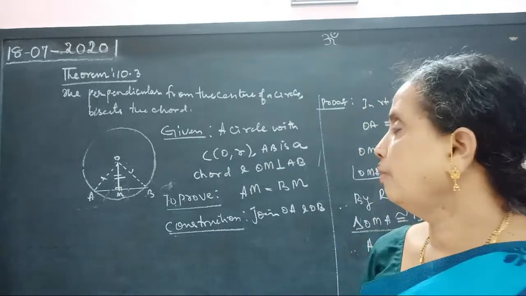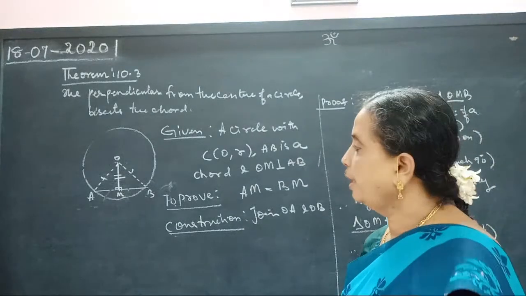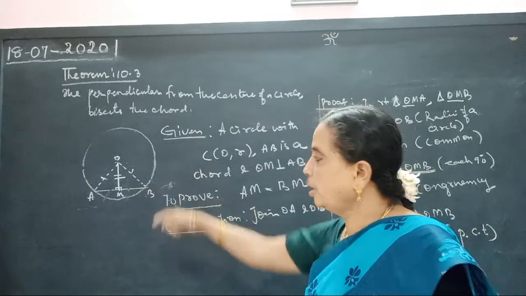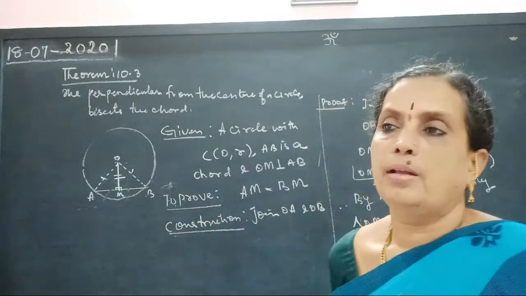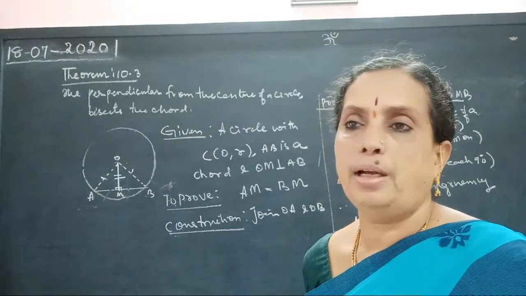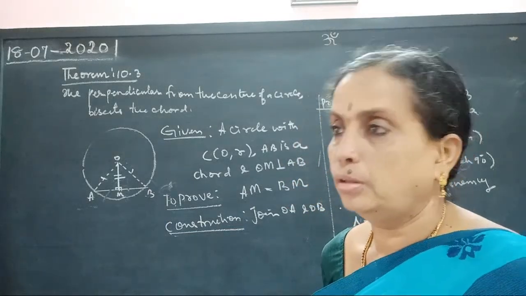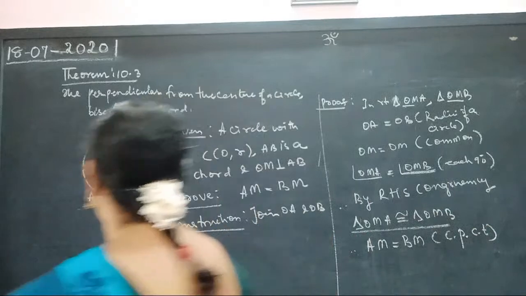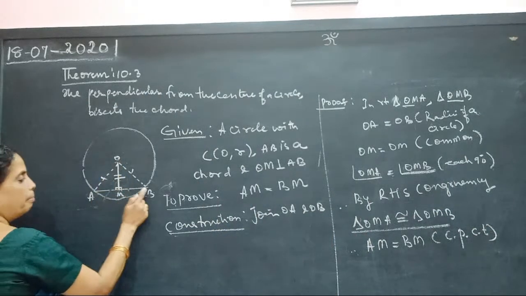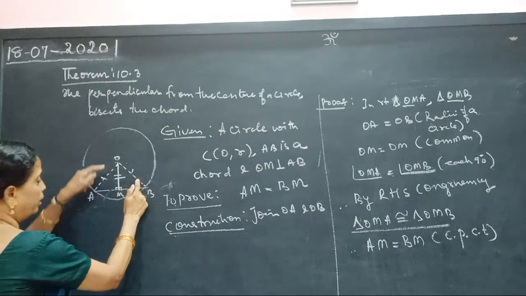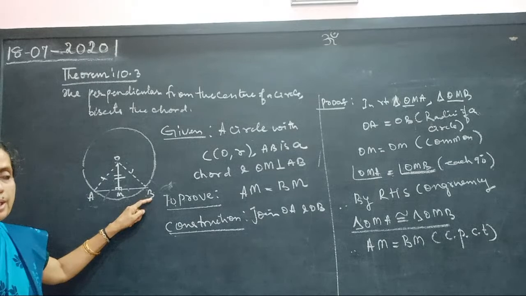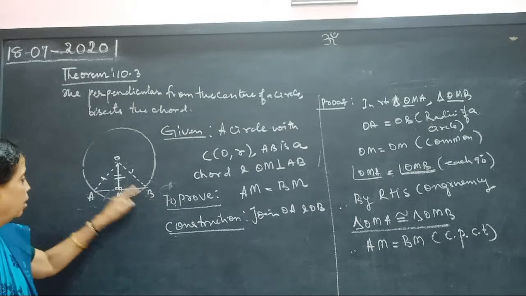Here, given a circle where AB is a chord, OM is perpendicular to AB. For the proof, we are joining OA and OB. Now, consider the triangles OMA, OMB. OA equals OB, radii of the circle.